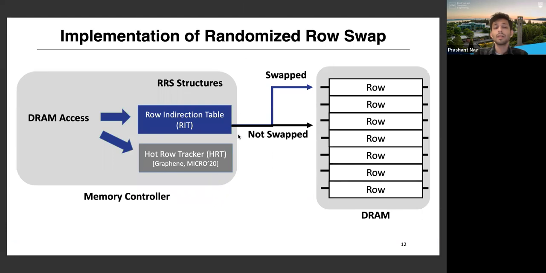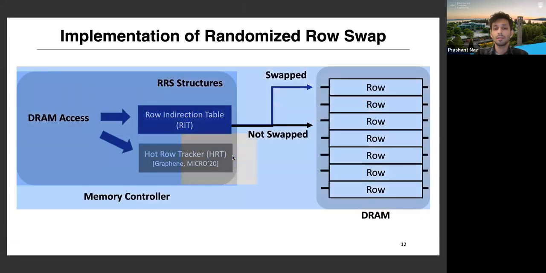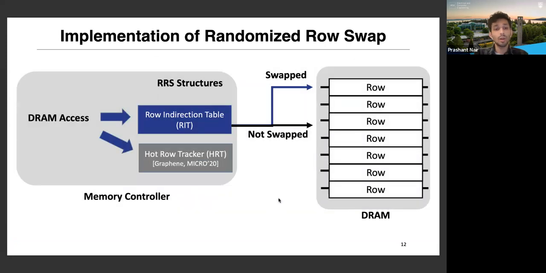Now, how do you implement randomized RowSwap? To implement randomized RowSwap, we introduce two structures: the row indirection table and the hot row tracker. The hot row tracker was primarily inspired by Graphene in MICRO 2020.